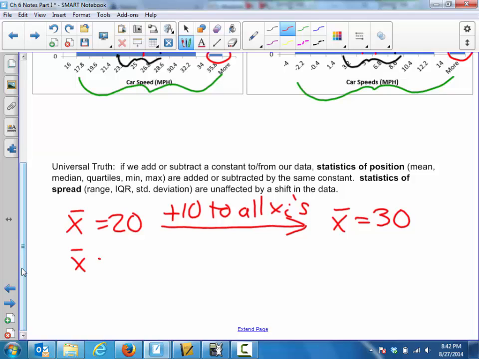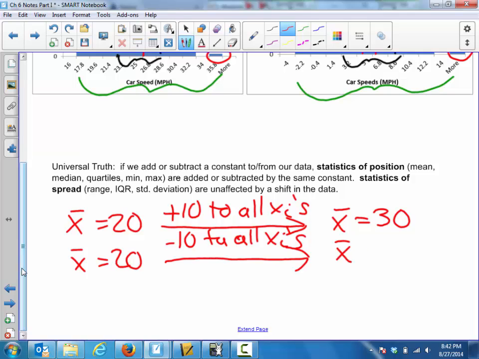It changes in suit. If we have a mean of 20 and we subtract 10 from all x sub i's, then x bar again changes in suit. It would fall by 10.